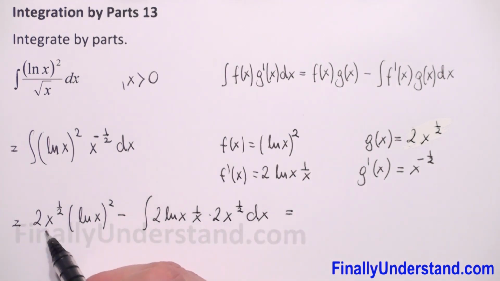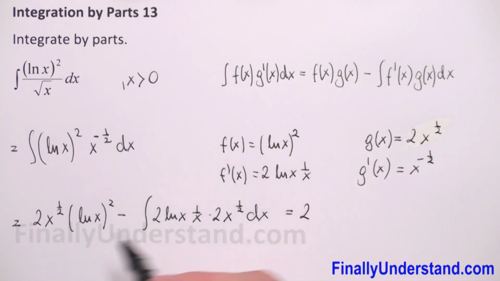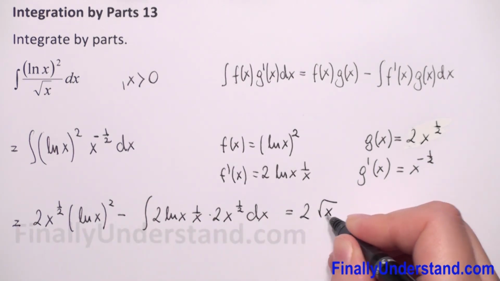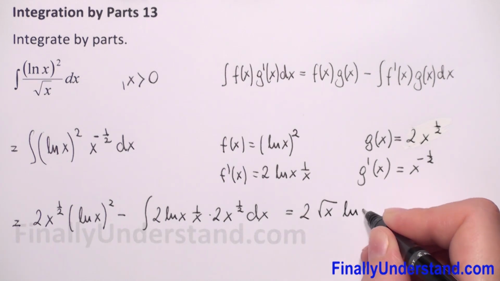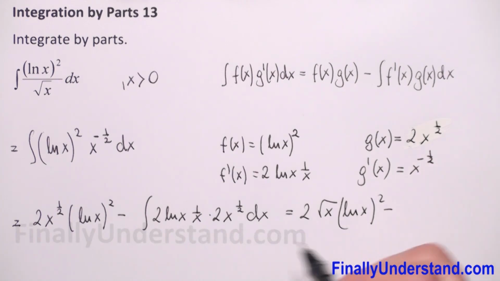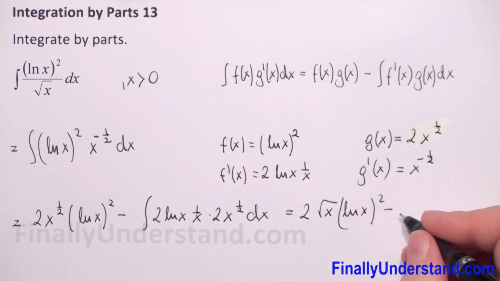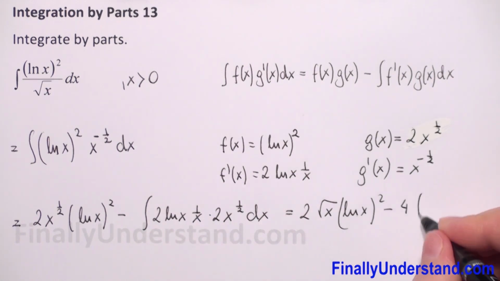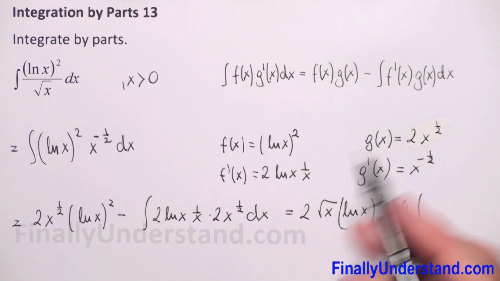We have to copy 2x to the 1/2 power, so it's the square root of x times natural logarithm of x squared, minus, and we have 2 times 2 will be 4. We can put that before the integral, and now we have the integral of natural logarithm of x.